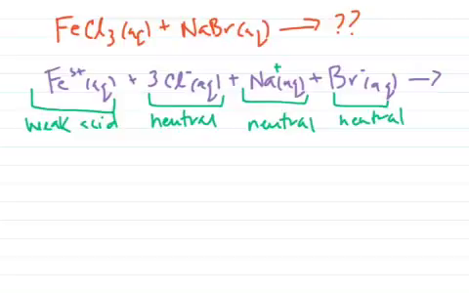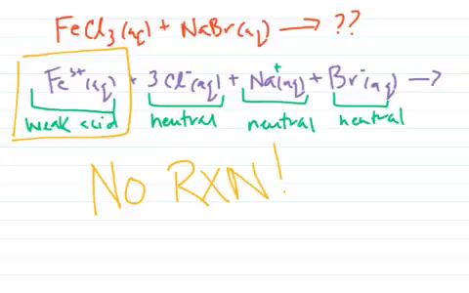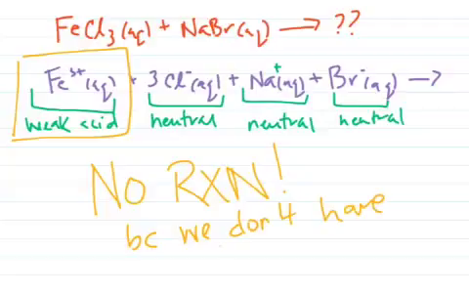Now if I notice, I only have a weak acid in the reactant, and I don't have any weak base. So this reaction will not go, because we need a base in the reaction for an acid-base reaction. So this will be no reaction, because we don't have a base.